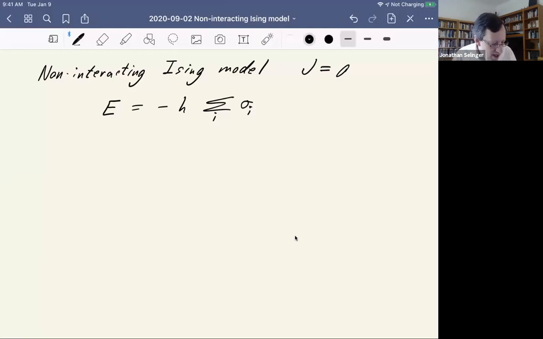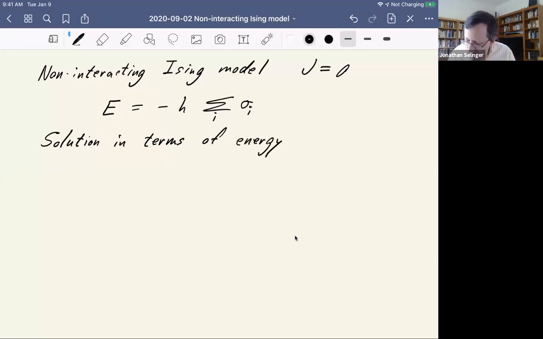Okay, so I'm going to do a solution now in terms of energy and entropy. So this is kind of unnecessarily difficult to solve the non-interacting problem, but it's going to be generalizable.